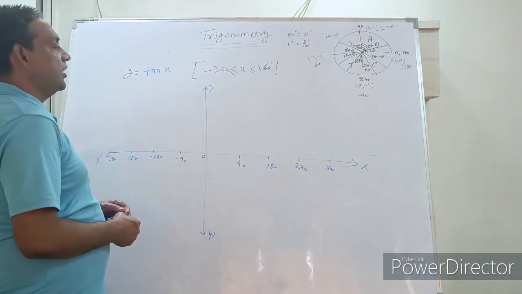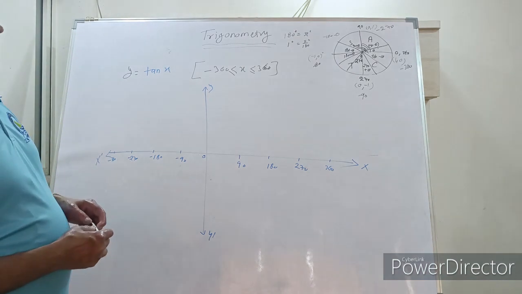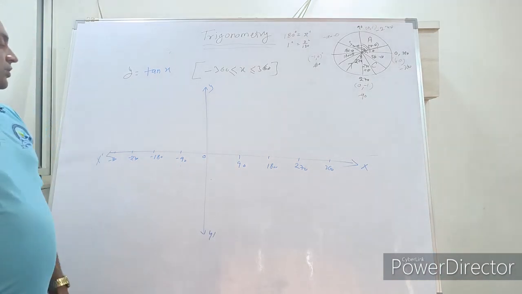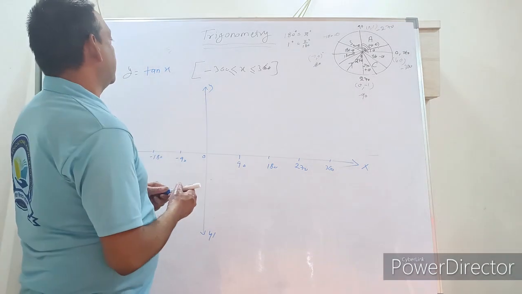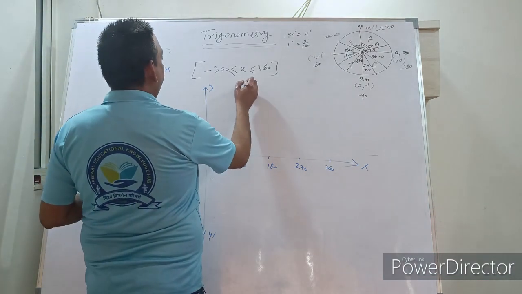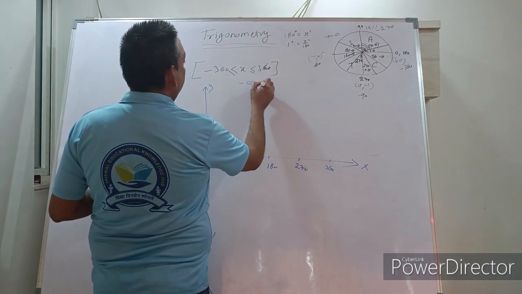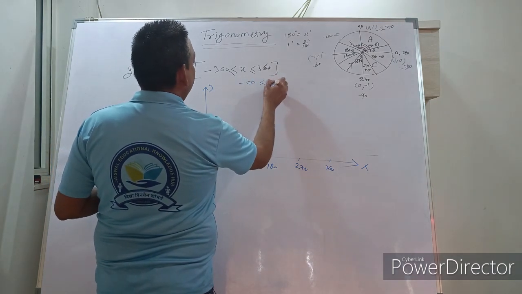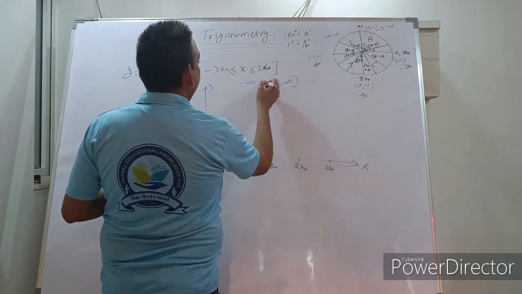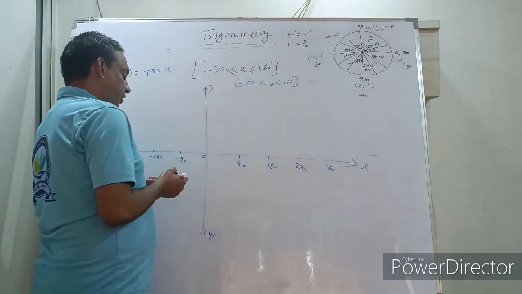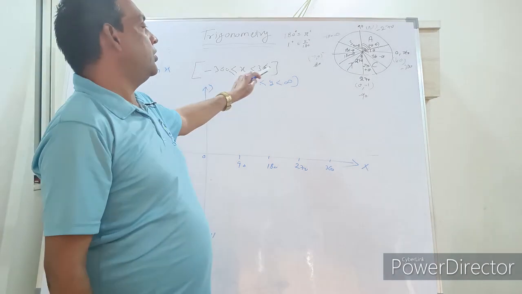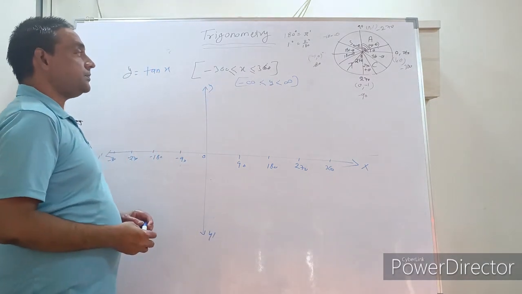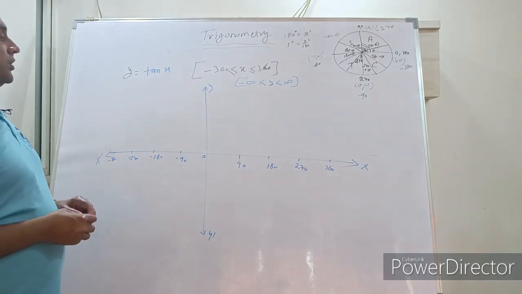So it goes infinitely towards the negative side, and infinitely towards the positive side. So the range will be minus infinity to plus infinity. We don't have any fixed range for this, so that's why we say minus infinity to plus infinity. Clear? Okay, now what is the first value here?